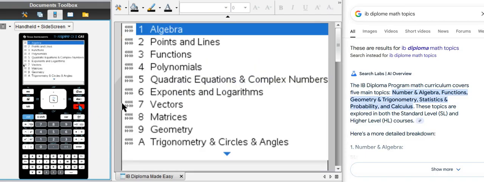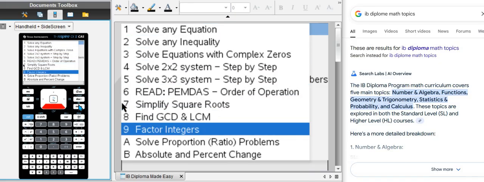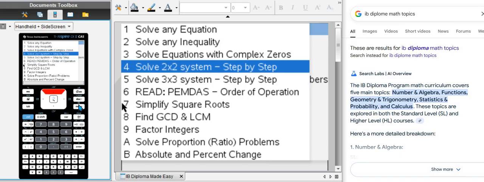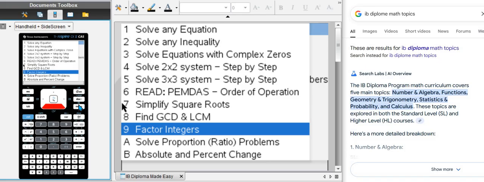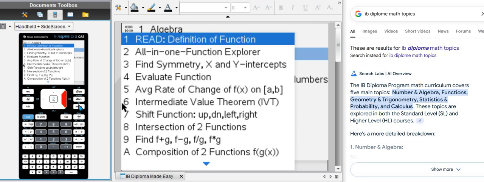So just to give you a brief overview, when you click menu, you can see the entire menu of what the app offers. Under algebra, you can see all the standard things that you will be asked to do in algebra: solving systems of equations, solving equations, factoring, etc. Under functions, the next topic, you can analyze functions.